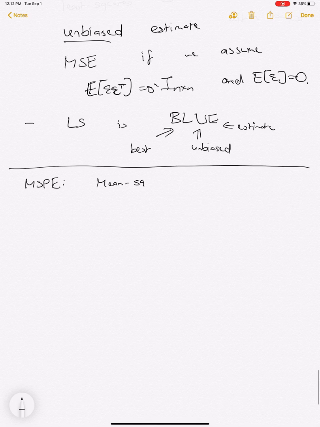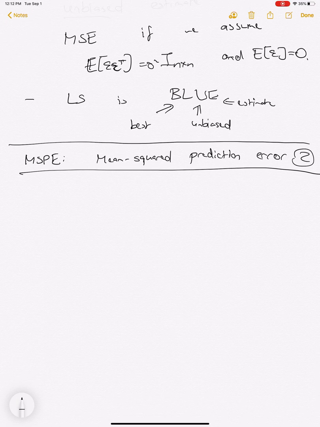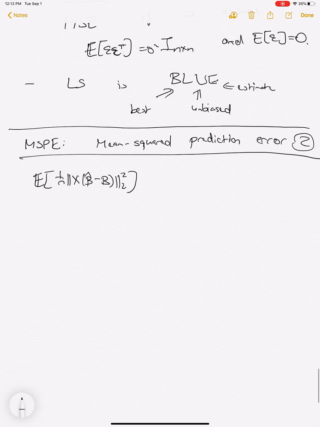Now let's look at the second metric. So this is metric number 2 that I illustrated above there. And so we're looking at this again for the least squares estimate: the expectation of 1 over n times the norm of X b hat minus X b, squared.